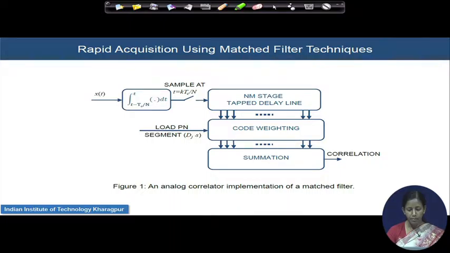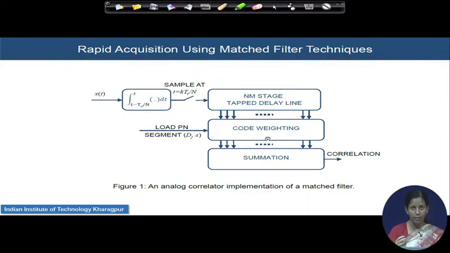And this is an analog correlator implementation of the match filter, where this match filter architecture was expressed by the tap delay lines that we have shown in the last module, and the DJs are fed here as the code weights.